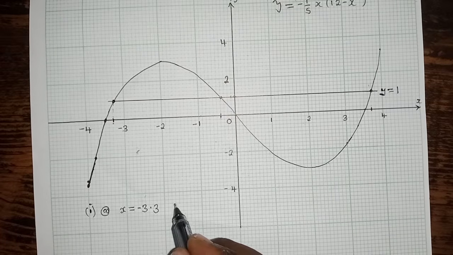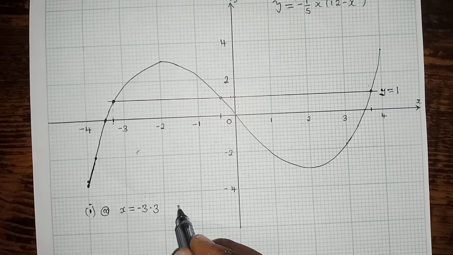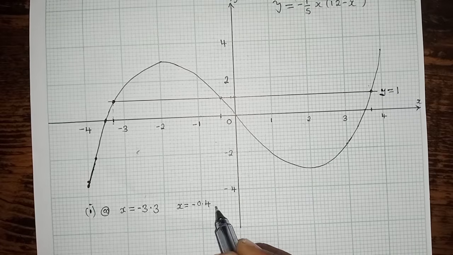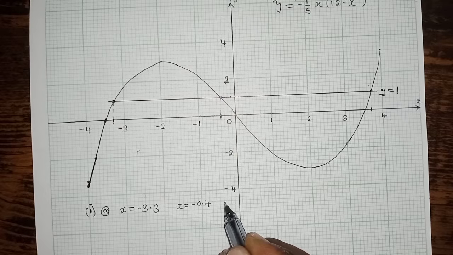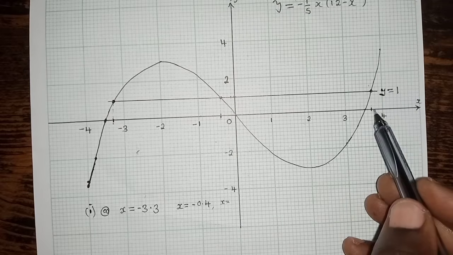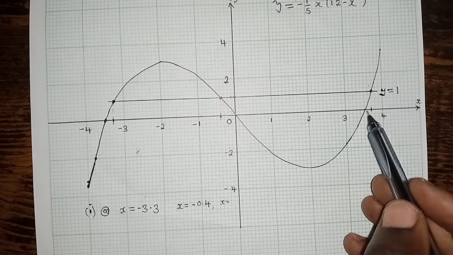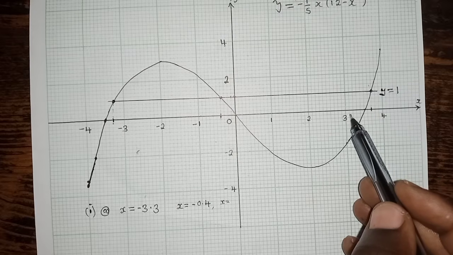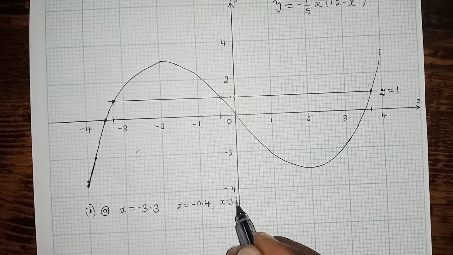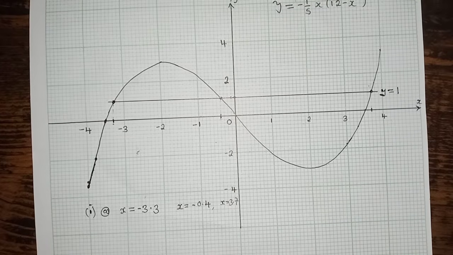Next one, x will be equal to negative 0.4. Next, x will be equal to, right here, what is the value of x? Here is negative 3.7. So these are the solutions.